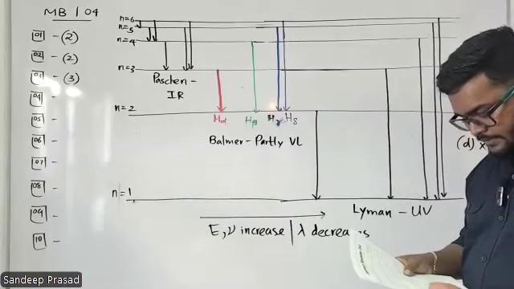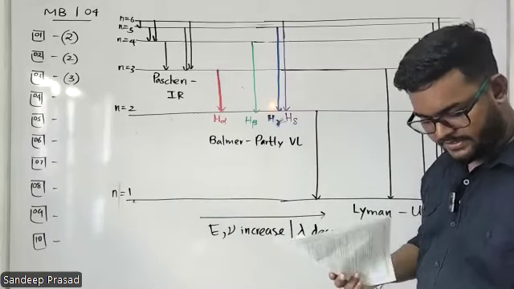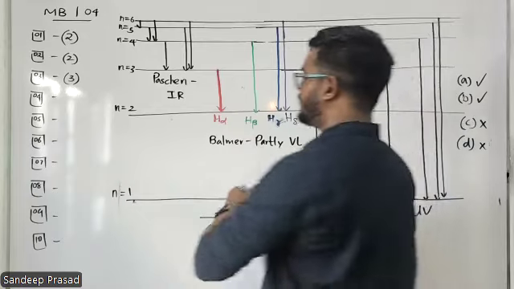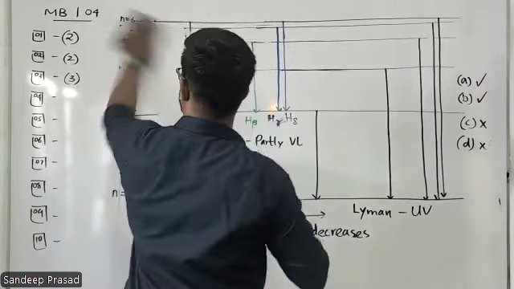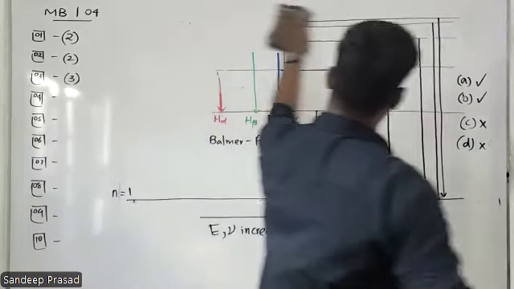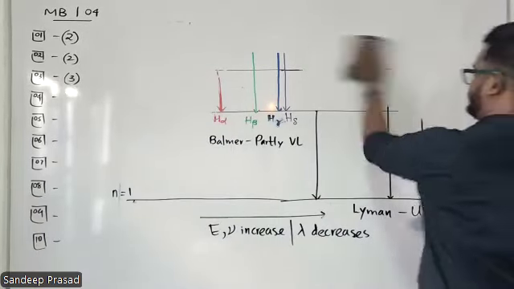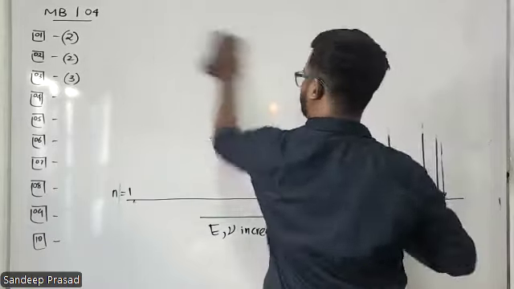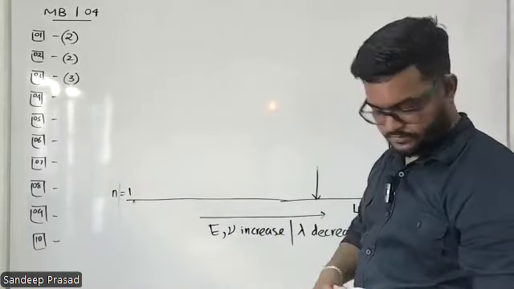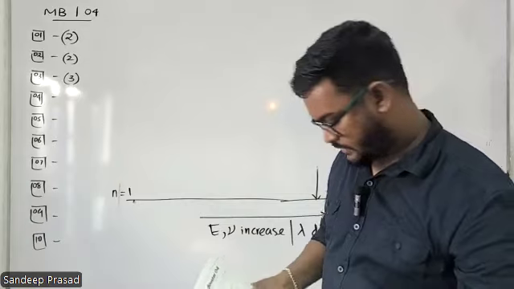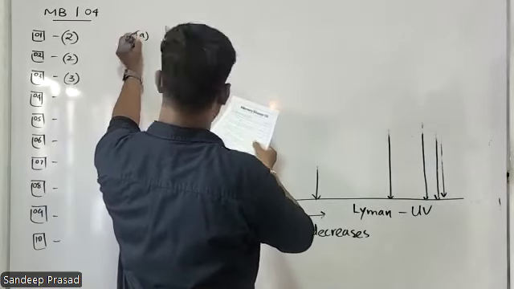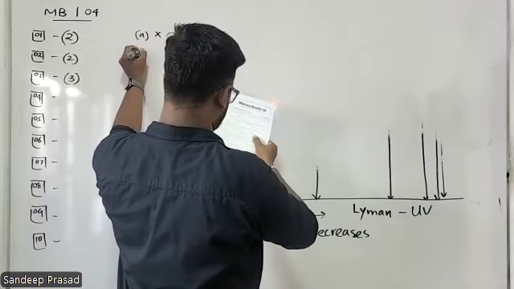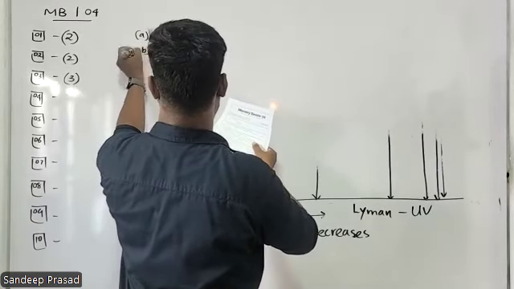So therefore, simple B statement is also wrong. In question number 4, simple A is wrong. Simple B is also wrong.